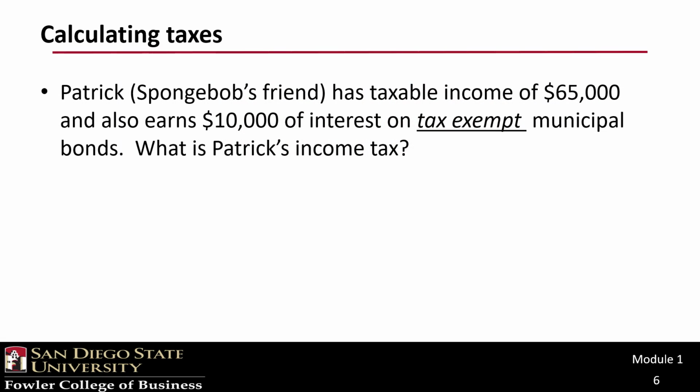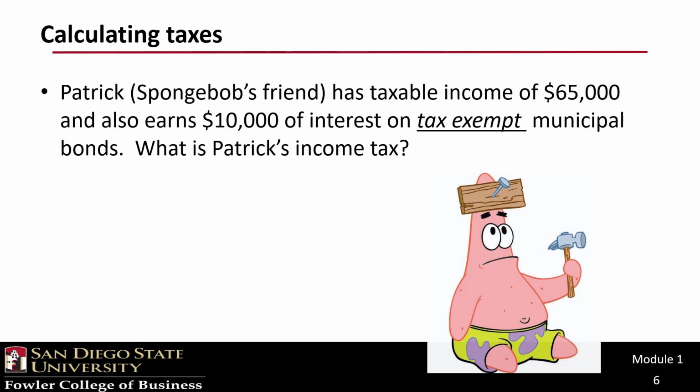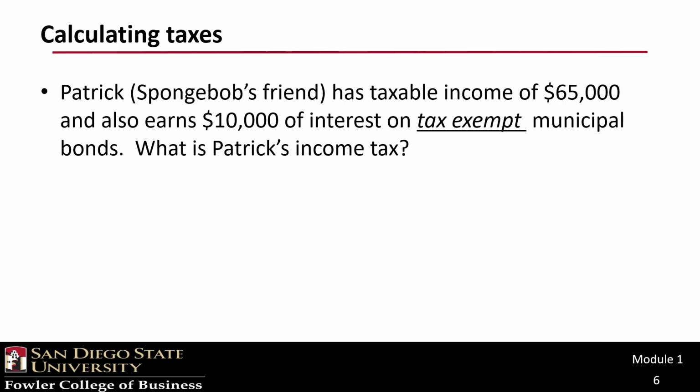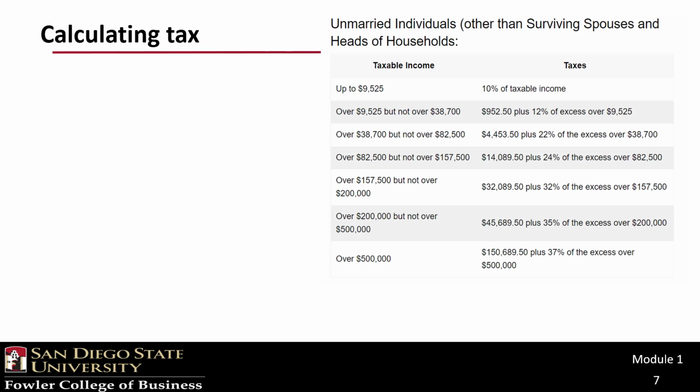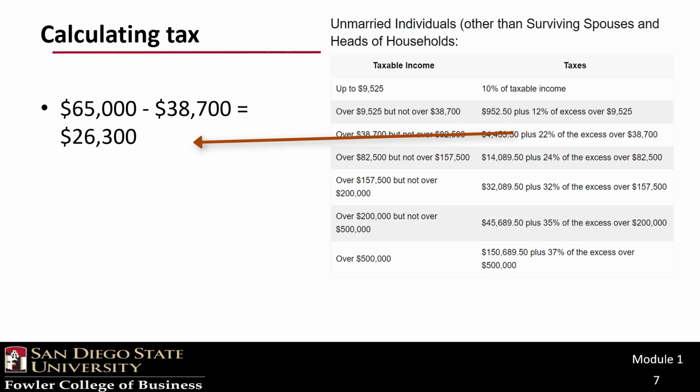So Patrick, SpongeBob's friend, has taxable income of $65,000. And he also earns $10,000 of interest on tax-exempt municipal bonds. What is Patrick's income tax? Well, we follow the exact same pattern, except now, of course, he only makes $65,000 minus the $38,700, or $26,300.